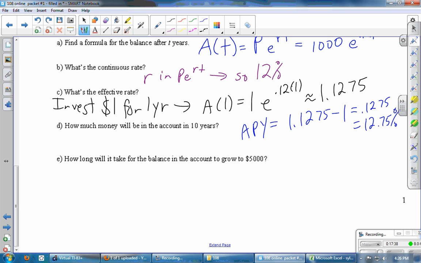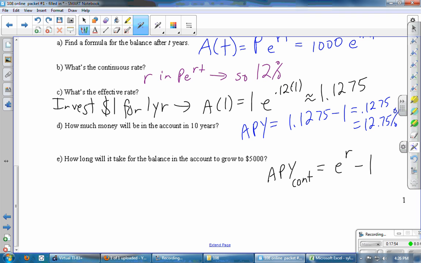So I can say over here, the APY for continuous compounding: you take your E, you raise it to the R, and you subtract 1. See if that's reasonable. It's exactly what we did here: e to the 0.12, and then subtract 1. You don't have to write the 1s, but they were there.